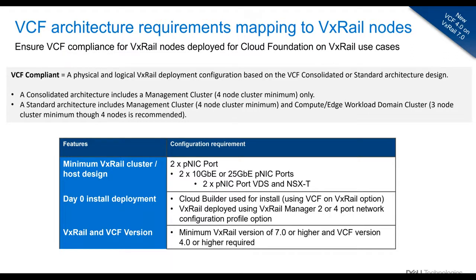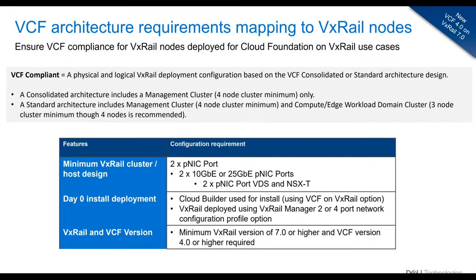Now that we support a consolidated architecture, we can start with a 4-node VxRail cluster and deploy VCF on that, as opposed to what was a 7-node or 8-node minimum in the past. And there have been updates to our standardized architecture, which now requires a minimum of 7 nodes.